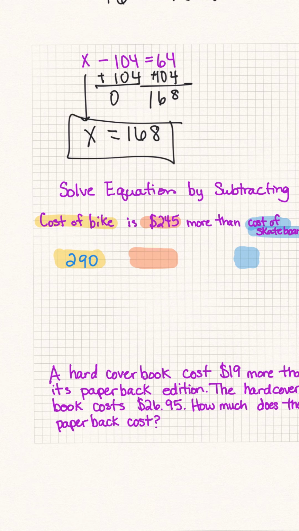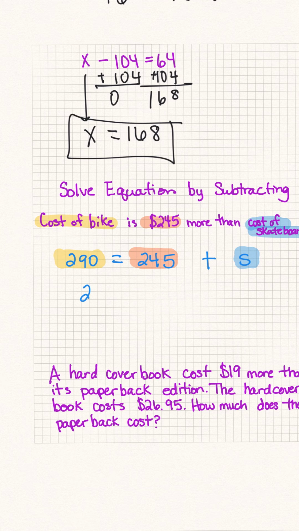And the cost of the bike is $245 more than the cost of the skateboard, which we don't know. So whatever this 245 is, it's 245 more than the skateboard, and that equals the cost of the bike.